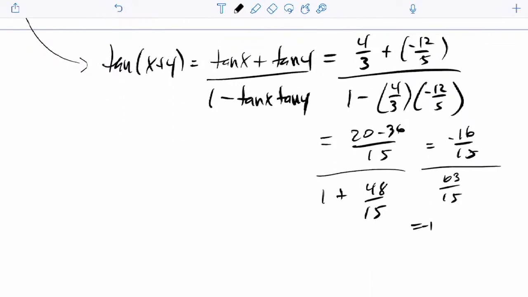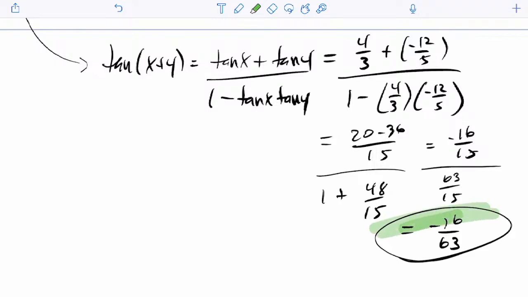Okay, it's a lot of math here. This ends up being negative 16 over 63 for the tan of x plus y is what I'm getting.